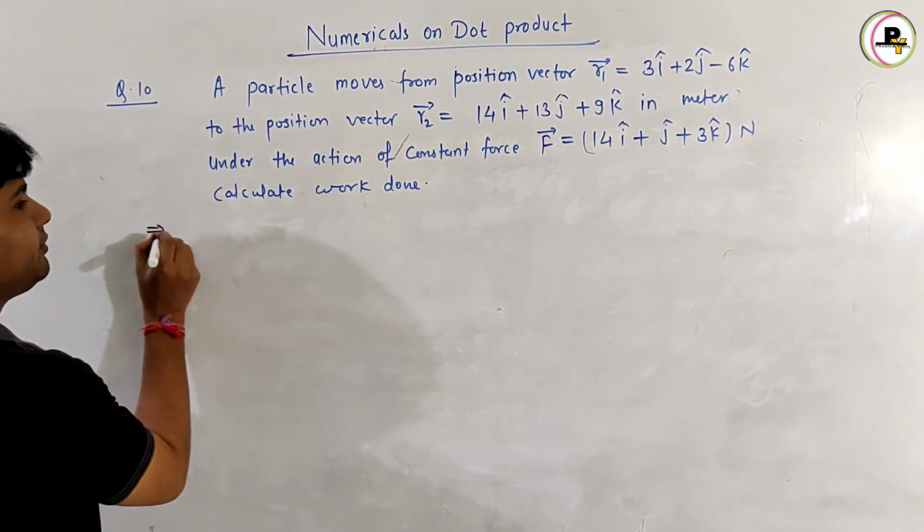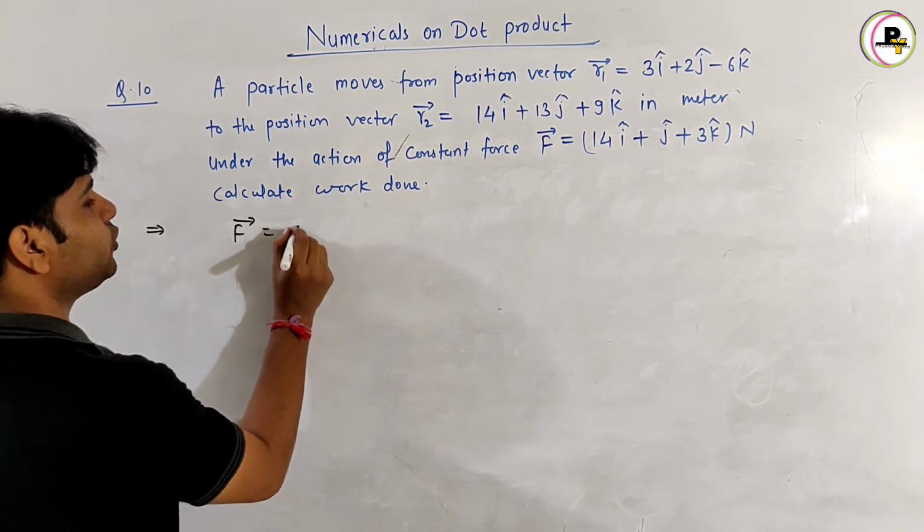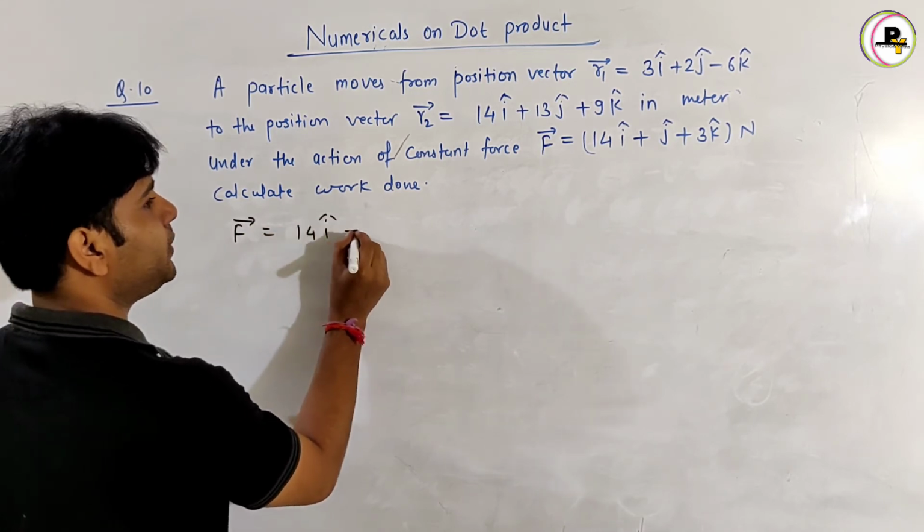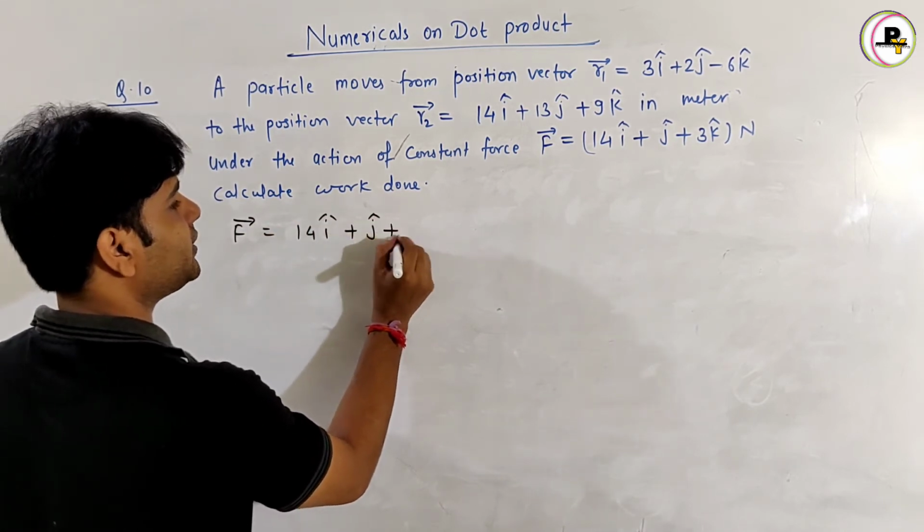So here I have given force vector equals 14 i cap plus j cap plus 3 k cap.